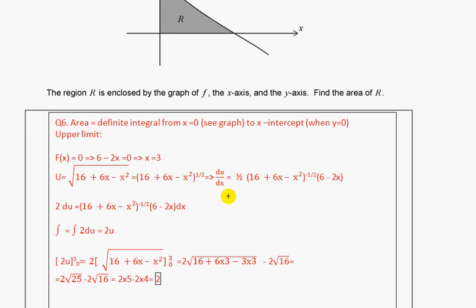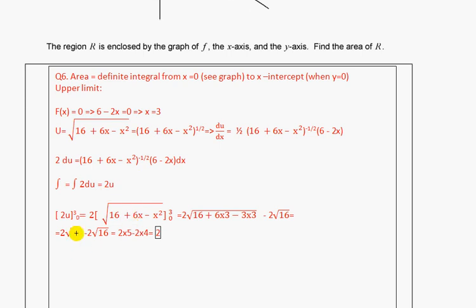Then du by dx will be 1 over 2 minus 1. So half minus 1 equals minus over 2, 6 minus 2, right. So actually we get 2 du equals our expression. So the integral of our expression equals 2 du, or 2u.